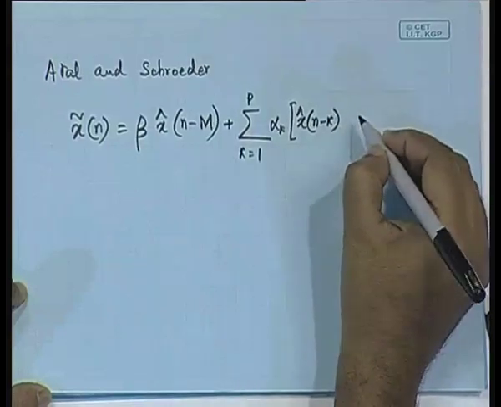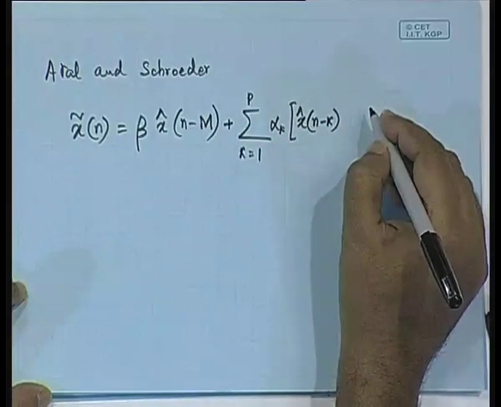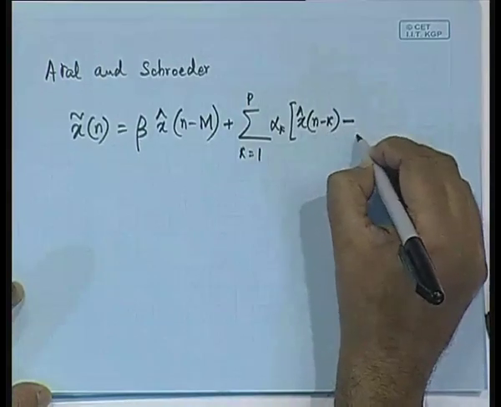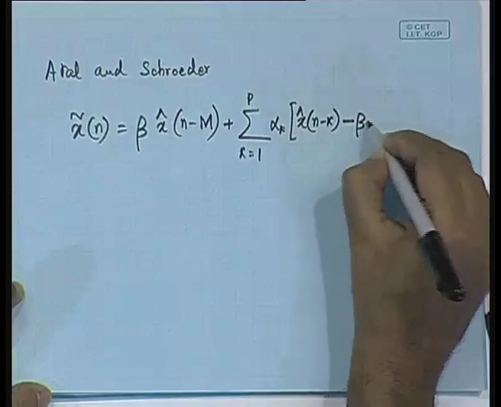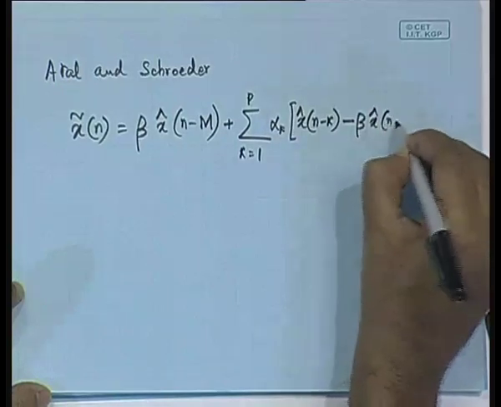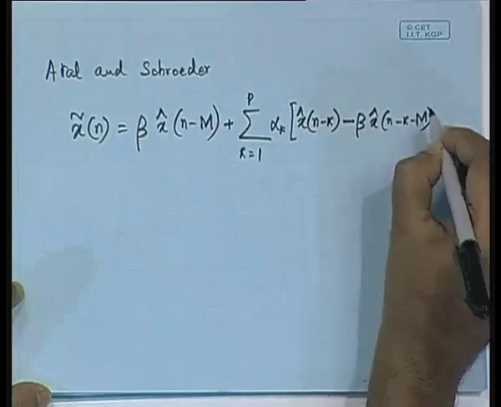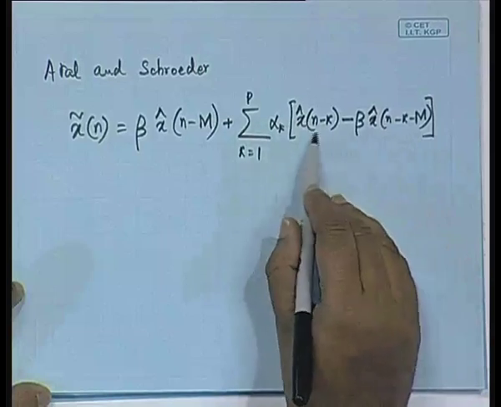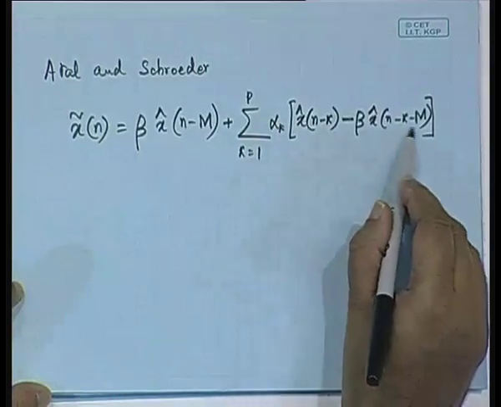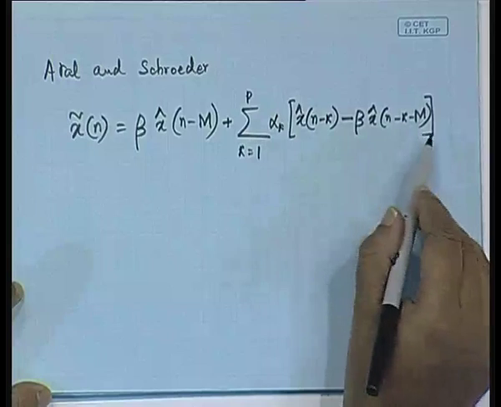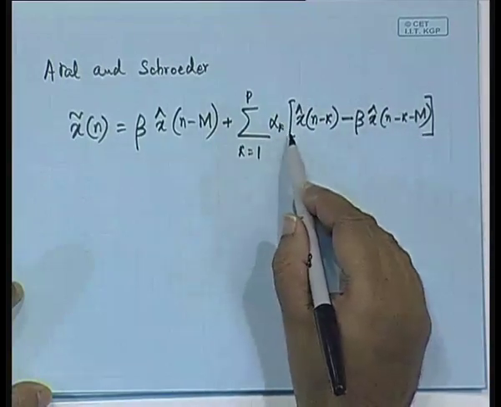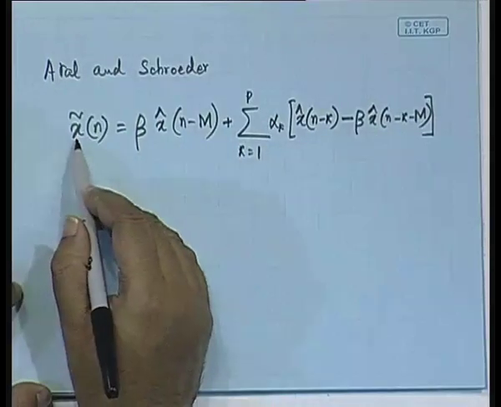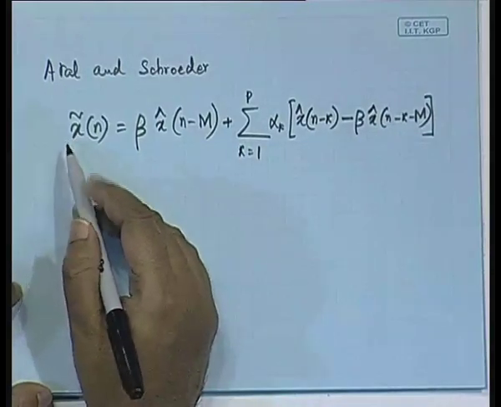But in this case we make use of the periodicity property and say it is x cap of n minus k minus beta times x cap of n minus k minus M. So, we are taking the difference between n minus k and n minus k minus M, and that times alpha k dictates the predicted signal x tilde of n.